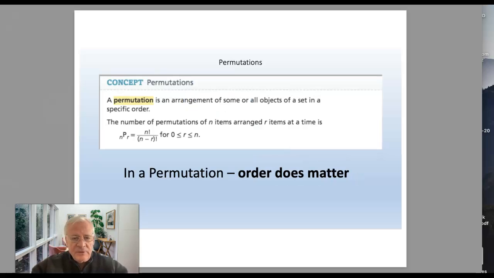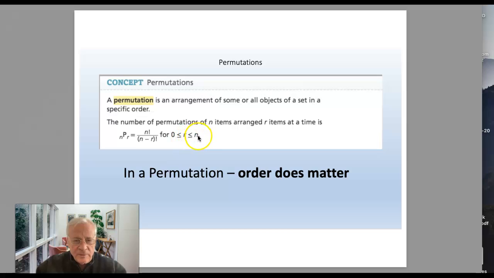Again, by definition, a permutation is an arrangement of some or all the objects in a set in a specific order. The number of arrangements of n items arranged r items at a time is right here. This is the formula we talked about.